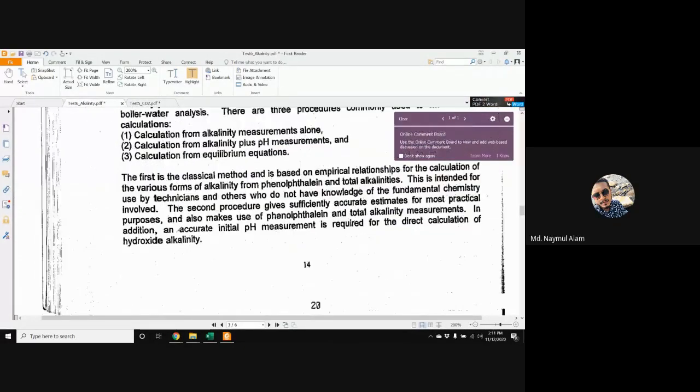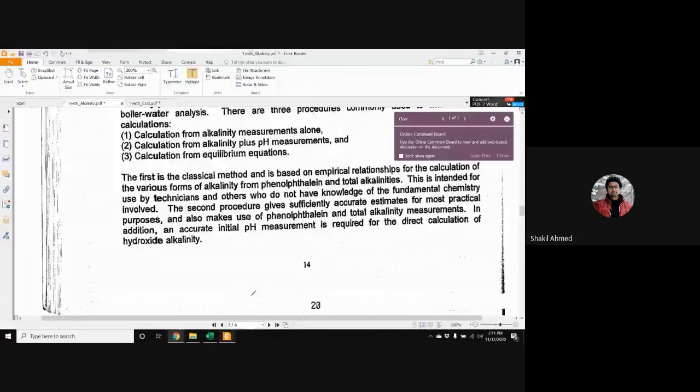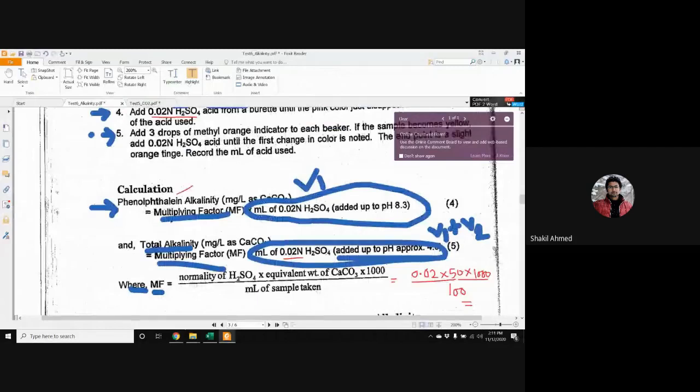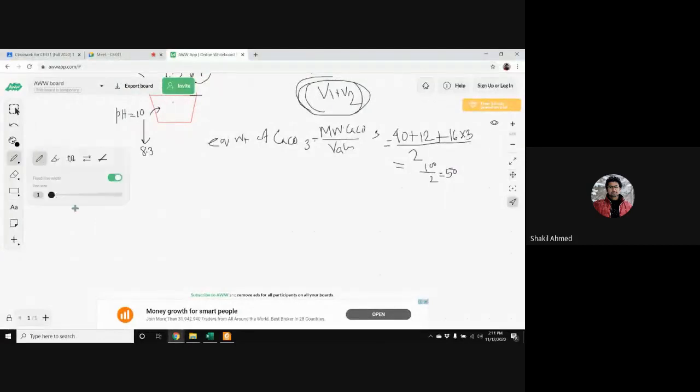Now you calculated phenolphthalein alkalinity and total alkalinity. Fine. Now this total alkalinity is measured as milligram per liter as calcium carbonate. What I wanted to say here is that this total alkalinity is a summation of, remember, bicarbonate ion plus carbonate ion plus hydroxyl ion.